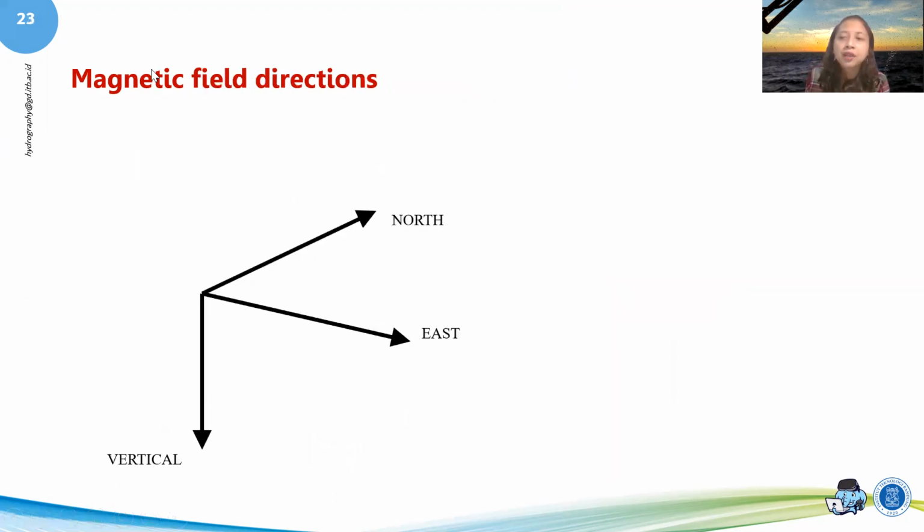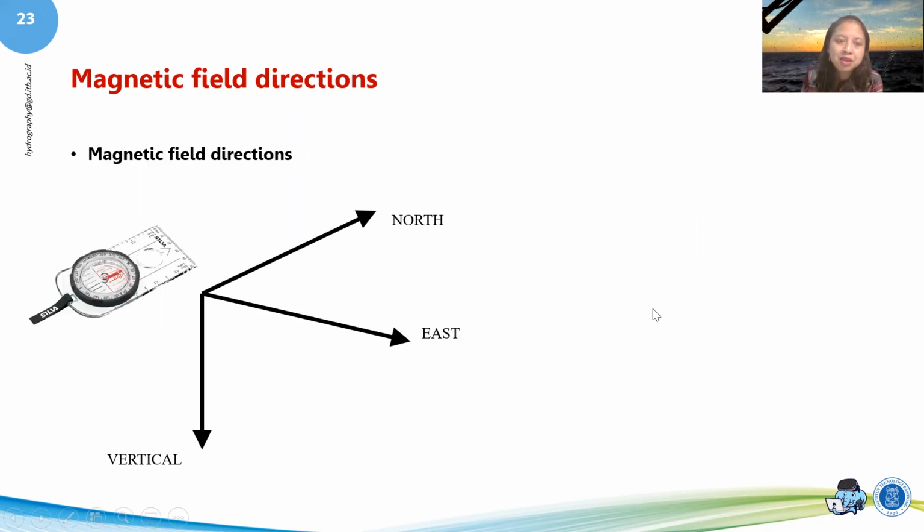So magnetic field direction is a bit more complex compared to gravity direction, because gravity direction is always down, because every single body on this earth will be falling down if we just let it free fall. But the magnetic field is a bit more complicated.